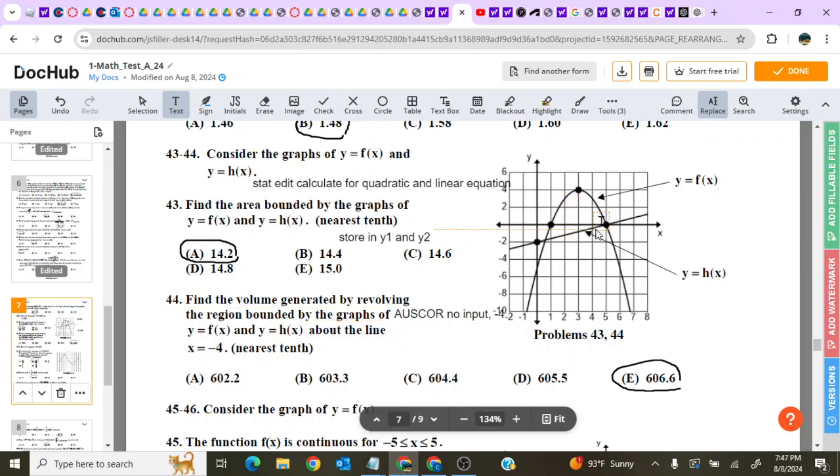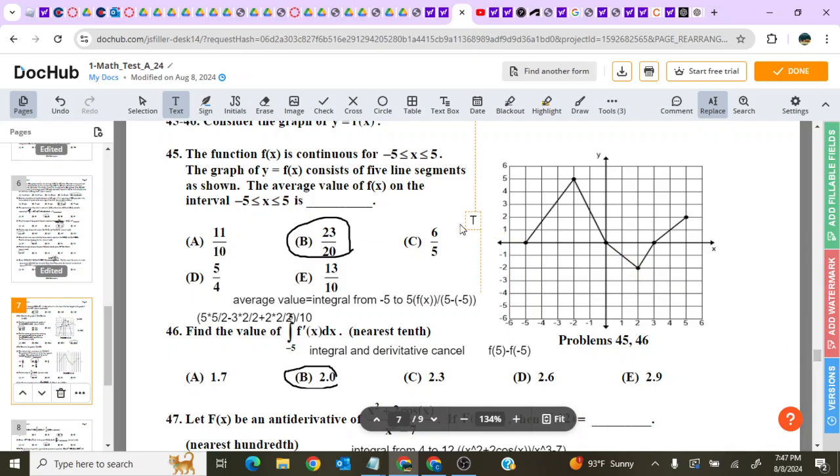It's going to be able to find these inputs easily because the first one is at -10 and the other one is at 10, so they aren't going to overlap. They're both going to go to the nearest point as I'm showing. So no input is required, and then the revolution line is stated down here is -4. And then it'll get you the hatched area and the solid of revolution, 14.2 and 606.6.